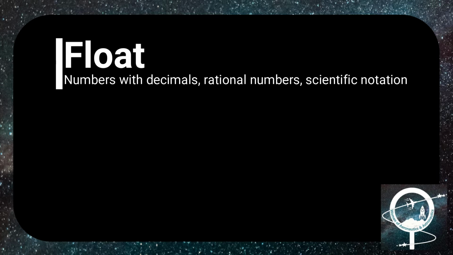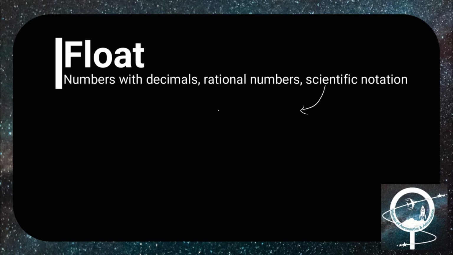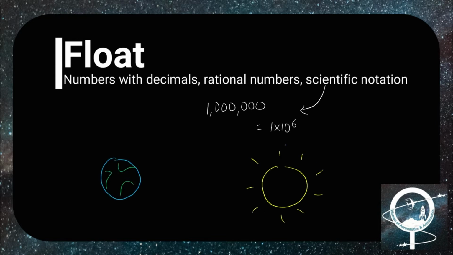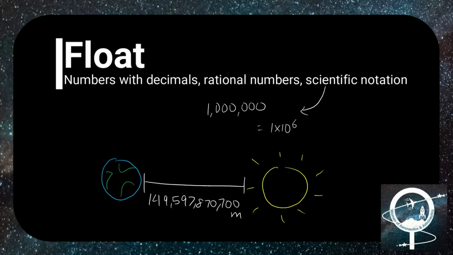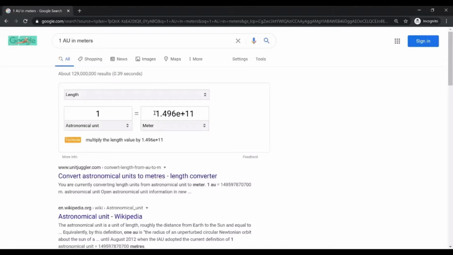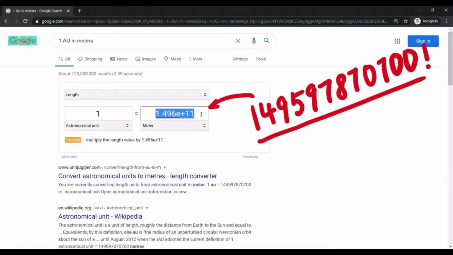Another numerical data type is the floating point data type, or a float. Floats have decimal points, so they can represent rational numbers such as fractions and scientific notation, which you might remember learning about in science class. It's a notation used to represent numbers at very large or small magnitudes and to simplify calculations. For example, we need to use scientific notation for values like the distance between the Earth and the Sun, which is over 149 billion meters.